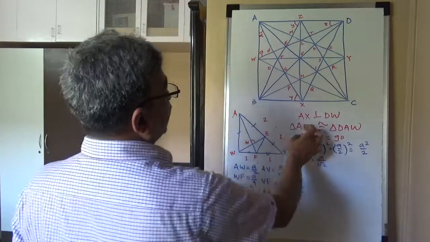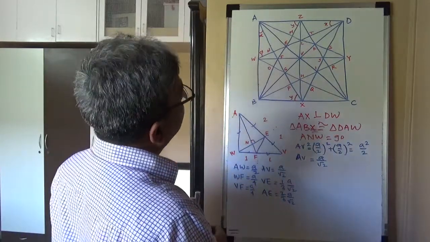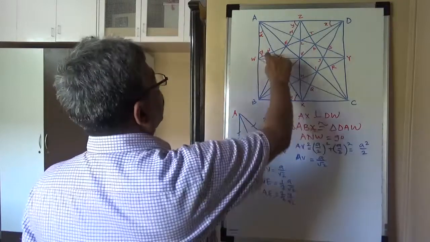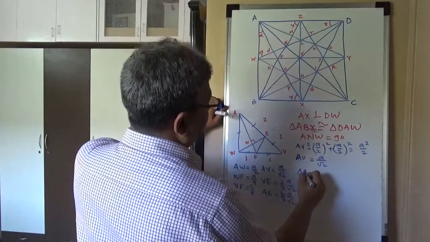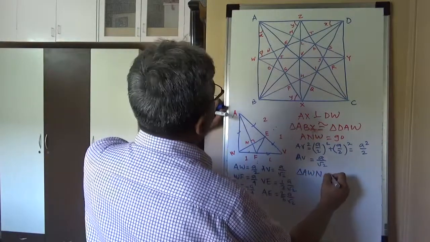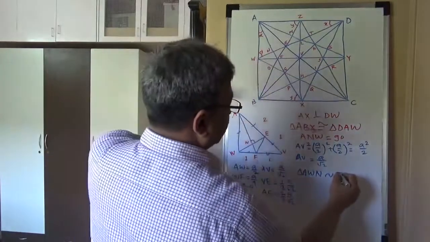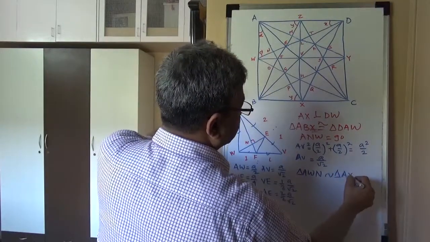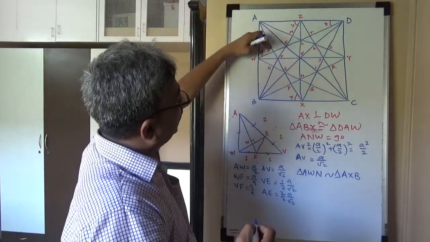Now, when we proved this right angle triangle, because this is 90, we will say triangle AWN is also similar to triangle AXB. Because A is a common angle and N is 90 degrees.